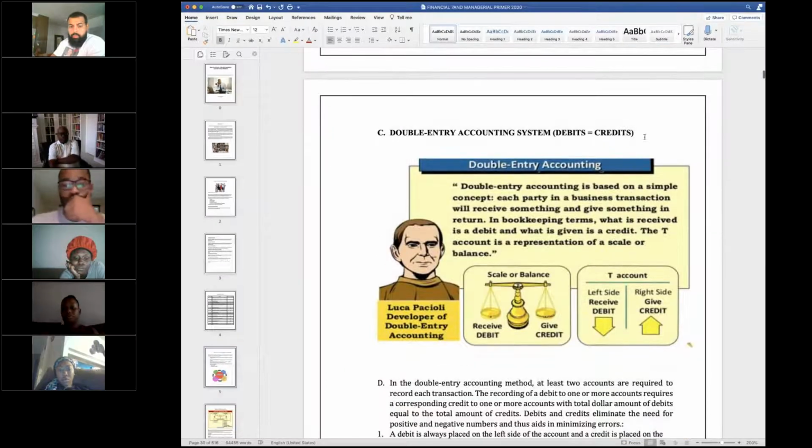We work with double entry accounting based on this guy, Pacioli, who says in a business transaction, you receive something of value, that's the debit, and you give something of value, that's the credit, and we reflect this in T accounts. The debit is always on the left, and the credit is always on the right.